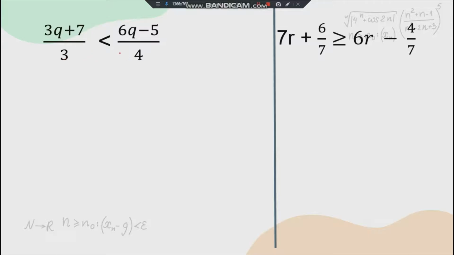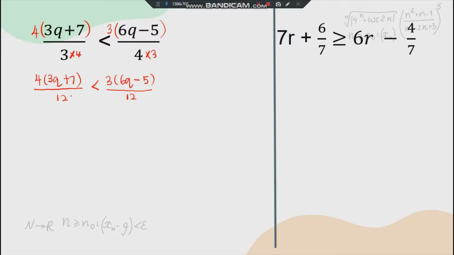So here we have 3 and 4, so we multiply 3 with 4, same goes to 3q plus 7, and 4 times with 3, and same goes to 6q minus 5. So we will get 4 bracket 3q plus 7 over 12 less than 3 bracket 6q minus 5 over 12.